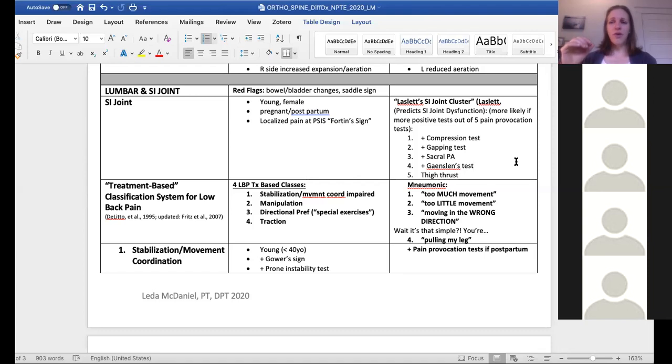Usually it's very localized pain though, and usually people will point and say, where is your pain? And they will take one finger and point to the PSIS region. That pointing to that specific area, the PSIS, is sometimes called Fortin's sign, and it will indicate SI joint.